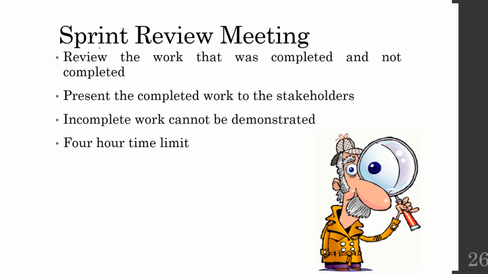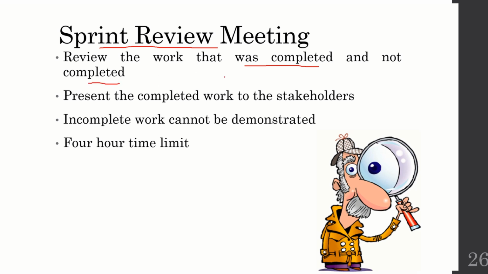Now we will see the sprint review meeting. As the name indicates, it involves the review process. And this review process basically takes an account of the work that is completed and also that is not completed.